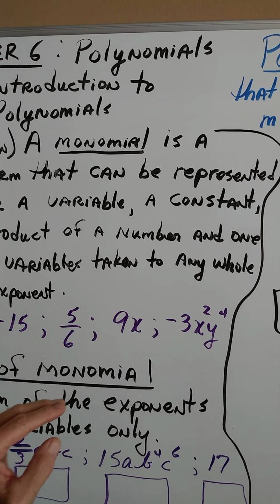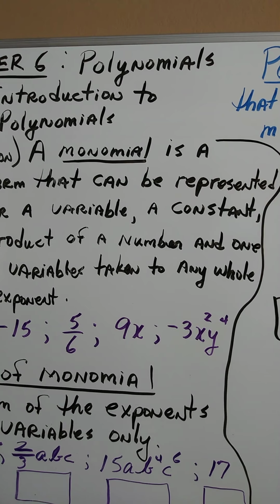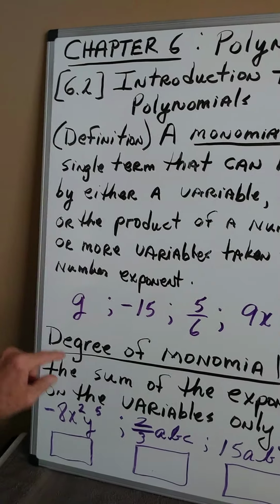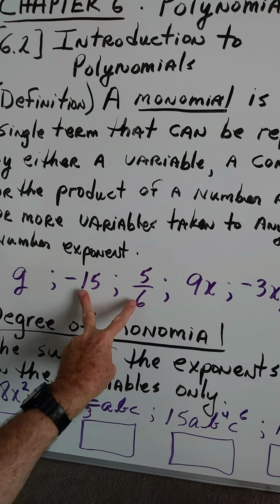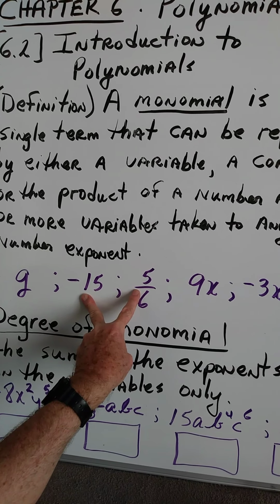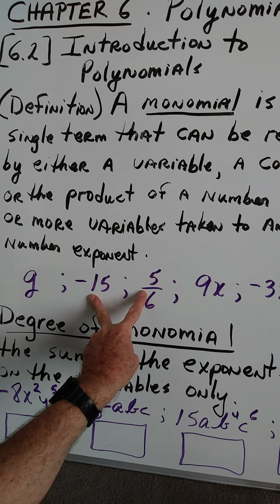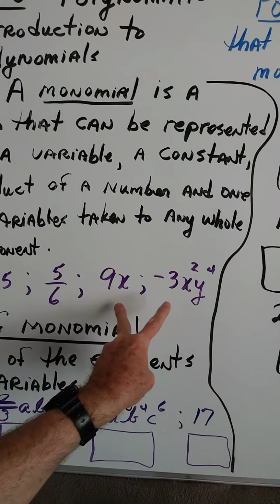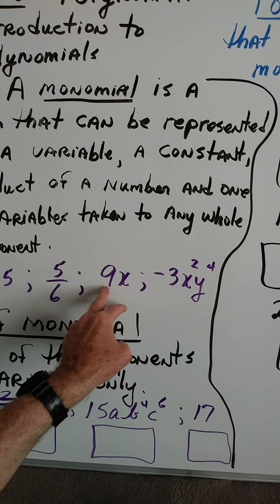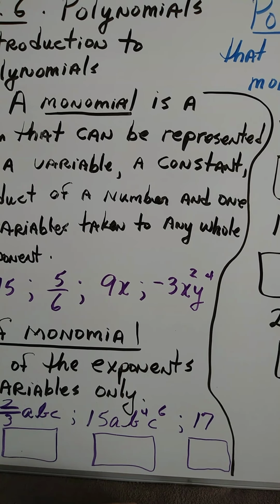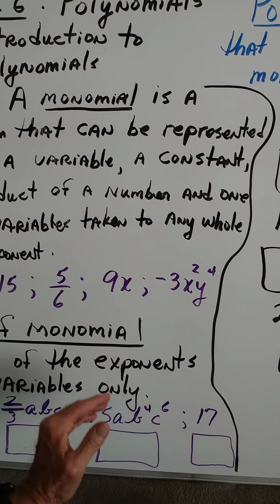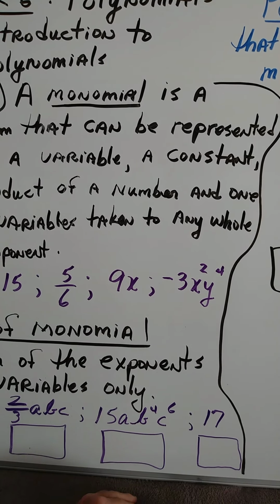Monomials are single terms that can either be represented by a plain ordinary variable, a plain ordinary constant, a real number, or by the product of a number and one or more variables taken to exponent values.